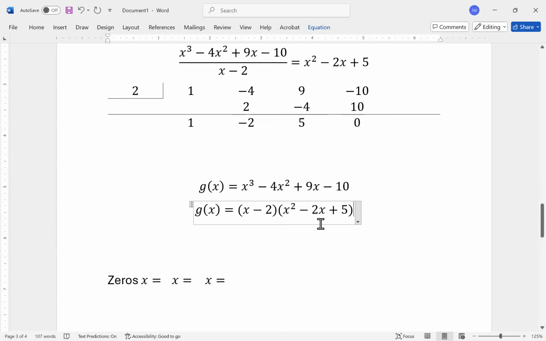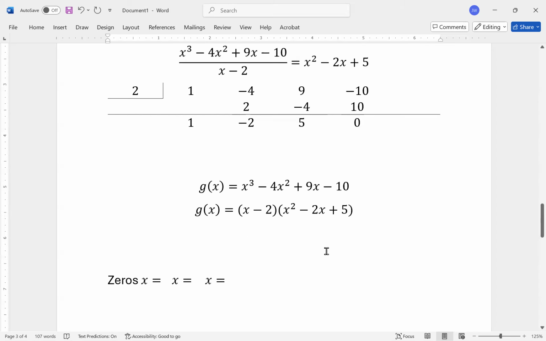Now, in this case, we start looking at factors of 5. There are no integer factors of 5 which are going to add up to give me -2.